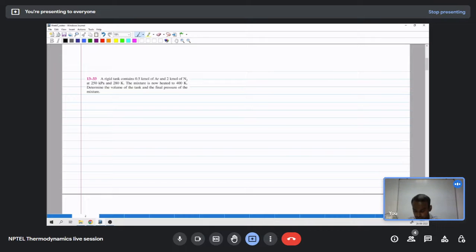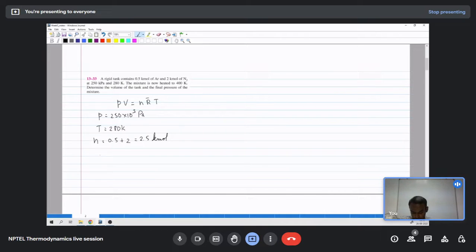To solve this, I would again start with the ideal gas equation, PV is equal to N R bar T. Here I know pressure is 250 into 10 power 3 pascals. I know N is 0.5 plus 2, which is 2.5 kilomole in total. Temperature is initially 280 and finally it becomes 400.